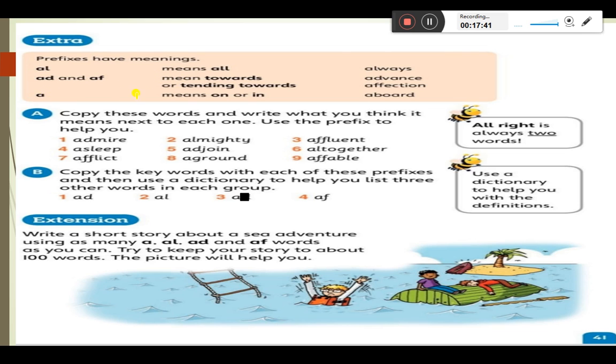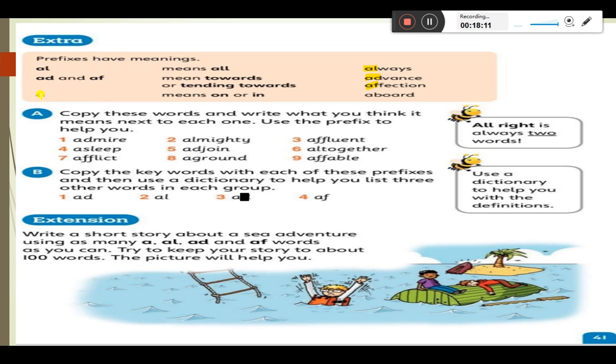Okay, a means on or in the state of. As we can see here, for all we have an example, which is the word always. For add and af, we have the word advance and the word affection, which means to be fond of something or someone, to love someone.